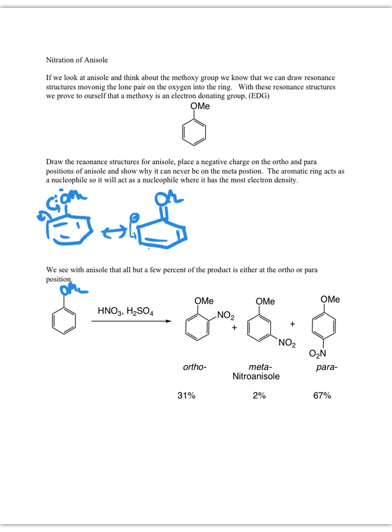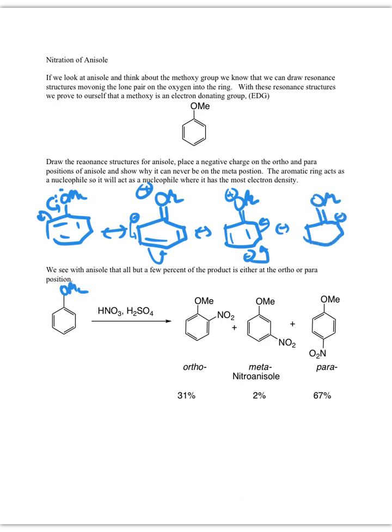We can send it around the ring, put a negative on the para carbon. Still have a positive up there. We can send the negative back up to the ortho carbon. And then we can send the lone pair back out to the oxygen.